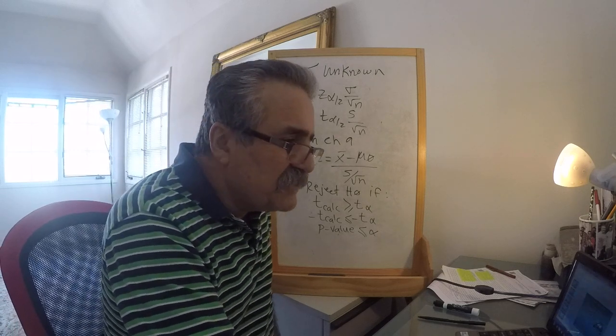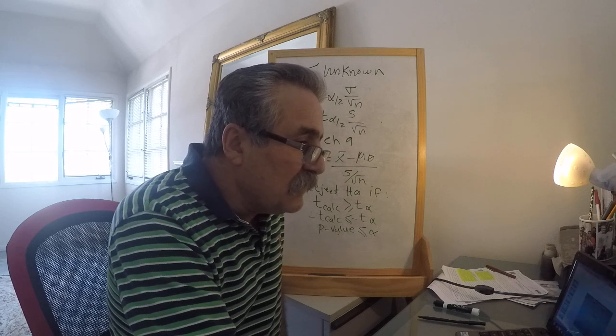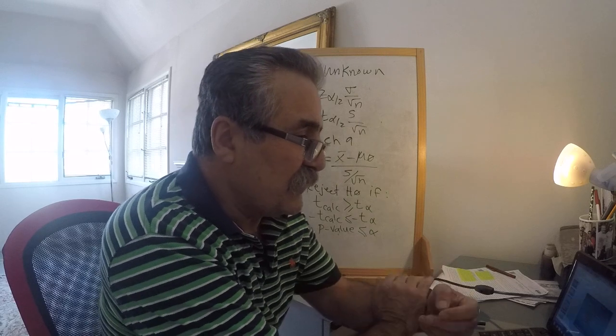Now, there is an example here that I would like to go over with you. On slide number 41, they have listed the rejection rule that I have listed for you already.